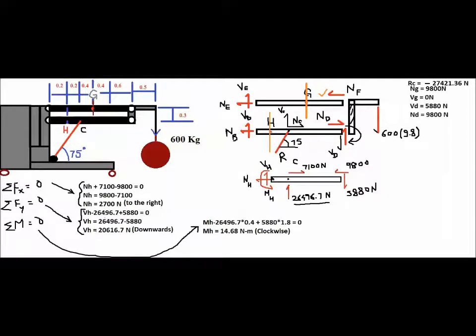We calculate that, we get a VH equal to positive. If it is positive, which means that the force acting at that position is downwards, so it will be in this direction, not that direction, right? So let's get rid of it.